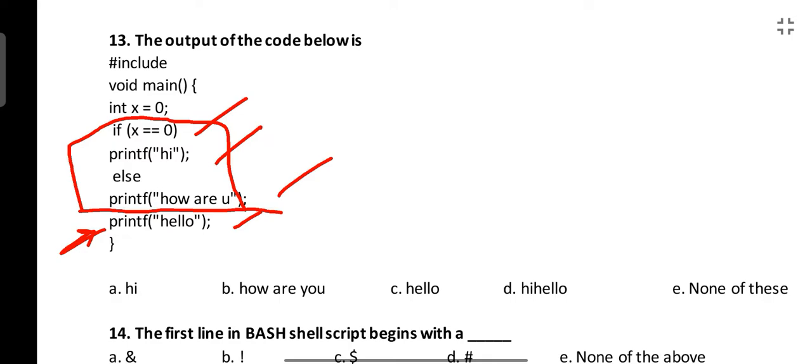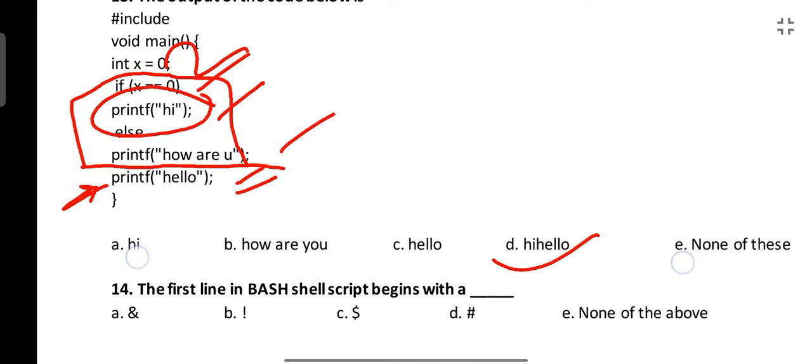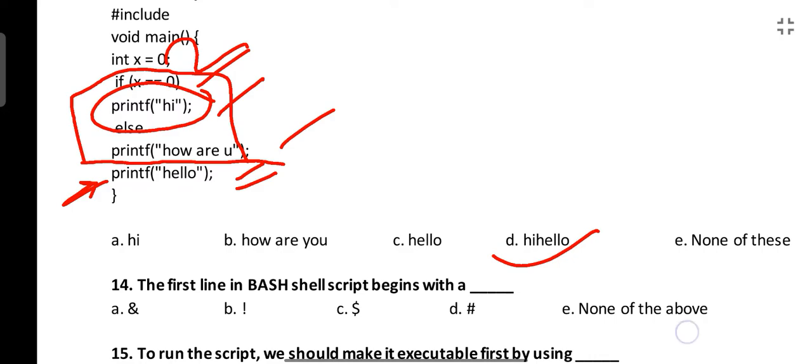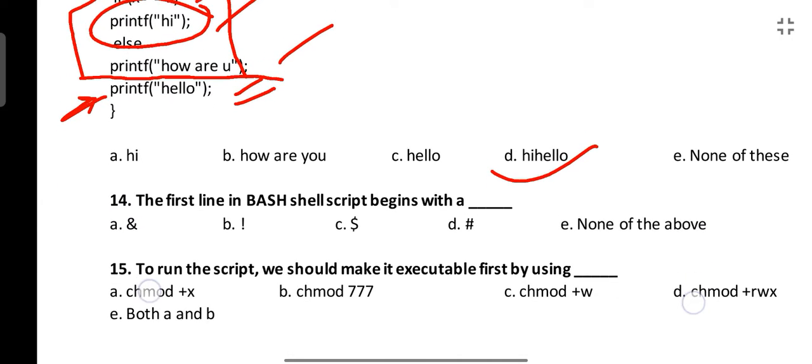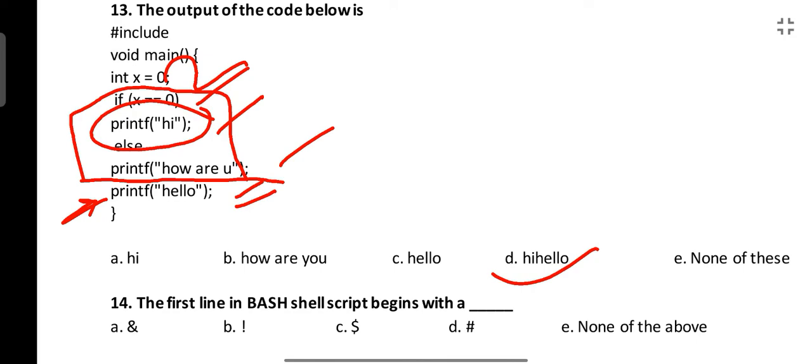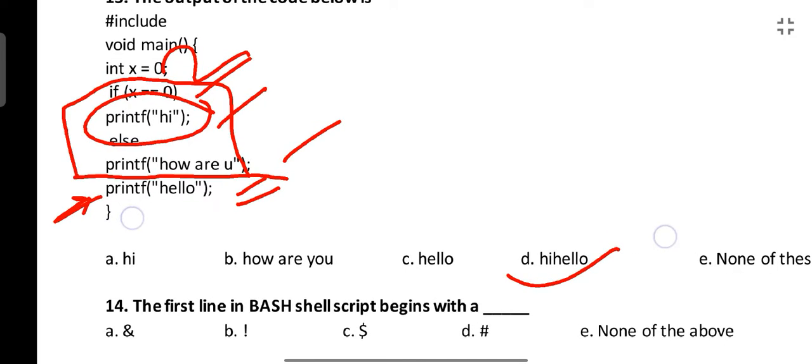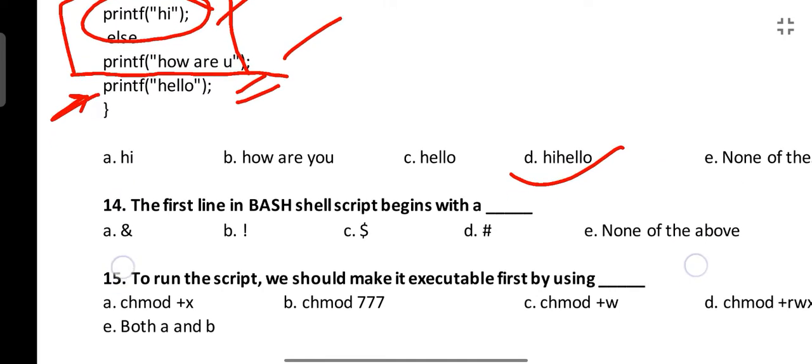If x is equal to 0, hi will be printed first and then hello. So the answer is hi hello. Suppose x is 2, then how are you and hello will be printed. I hope it is clear. Just take care whether we have brackets or not, where we are putting the semicolon and those things. These types of questions come in the exam, where they will put a semicolon somewhere and we miss those things.